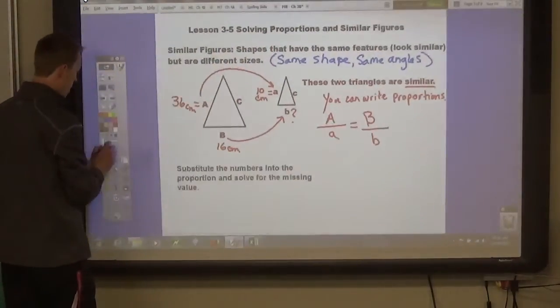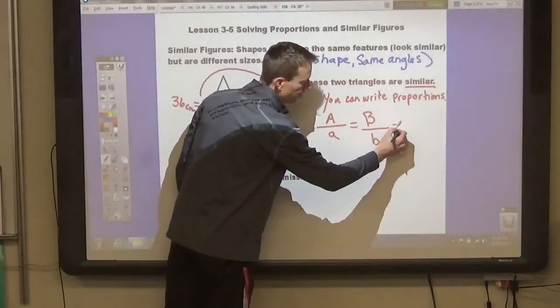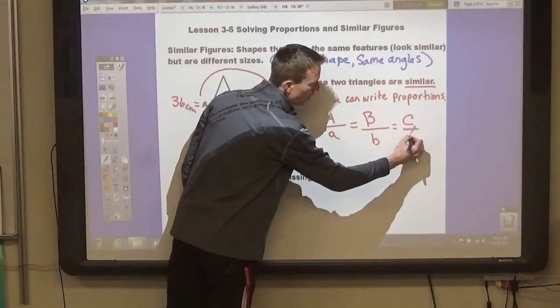On the top line or the bottom line? On the top, to keep the pattern the same. Big C over little c.